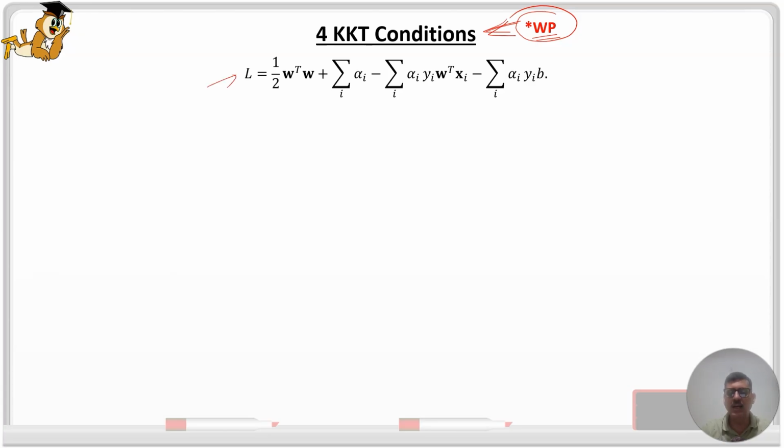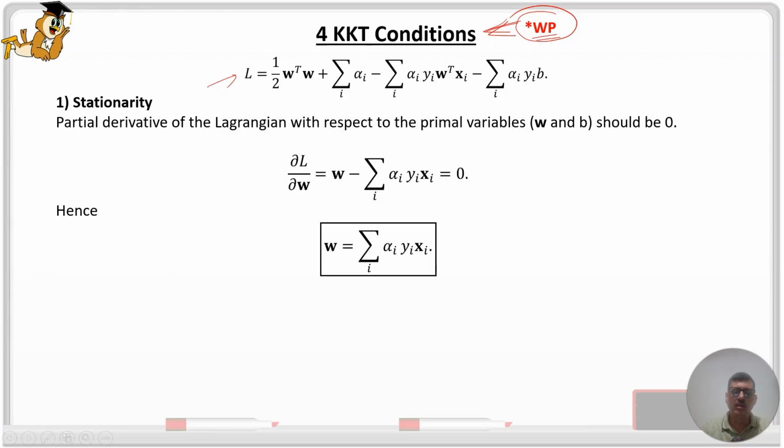I have copied the expanded form of the Lagrangian right here. The first condition is stationarity. Stationarity means that the partial derivative of the Lagrangian with respect to the primal variables, which are our original variables w and b, should be 0. If you take the partial derivative of L with respect to w, the w comes from here, and summation alpha yi xi comes from here.